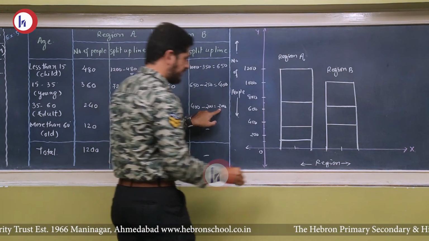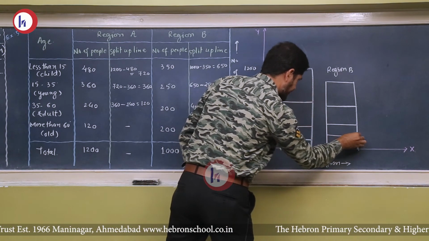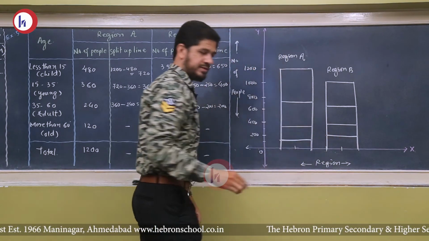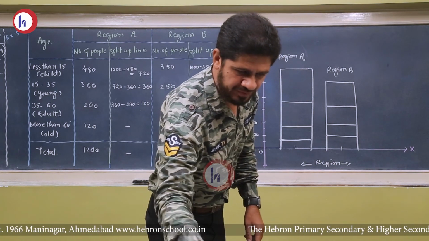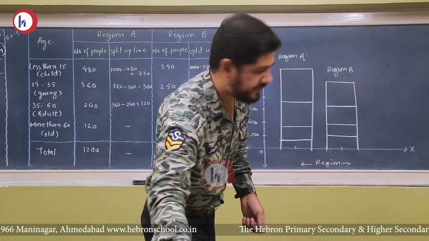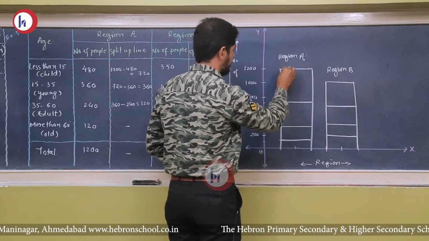Next one, 200, is also easy. Now let's make it more visible and interesting, so we will represent all the blocks in different manners.